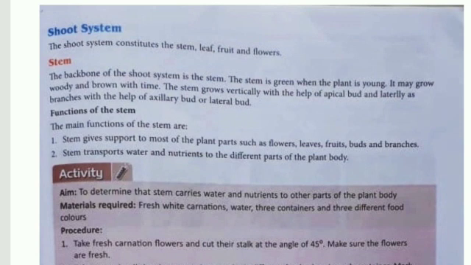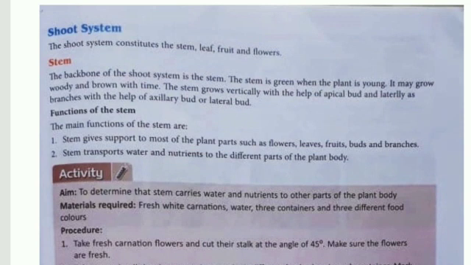With time, the stem grows vertically with the help of apical bud and laterally as branches with the help of axillary bud or lateral bud.